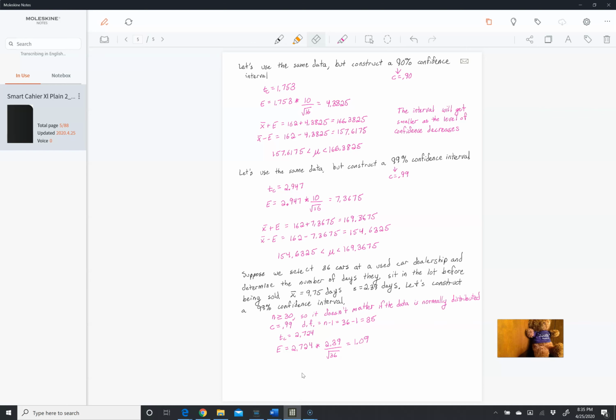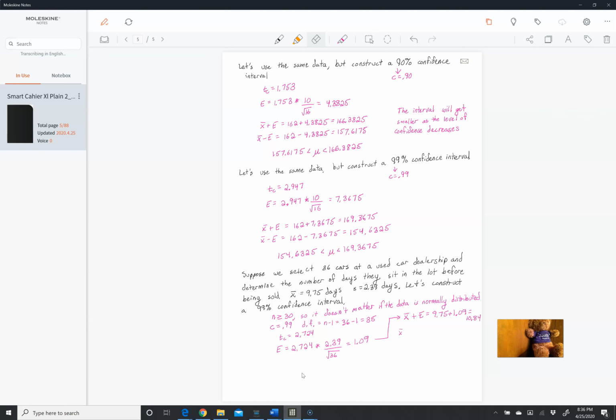Okay, now we find our interval. So I'm going to do it up here. X bar plus RE, X bar is 9.75. So 9.75 plus 1.09 is 10.84.